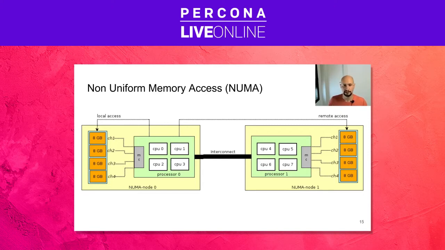But if for some reason it has to access a remote zone that is foreign to it and is controlled by another processor, then access to that zone would actually be slower than access to the local zone. So this is why it's called non-uniform, because you have different speeds for accessing different parts of memory.